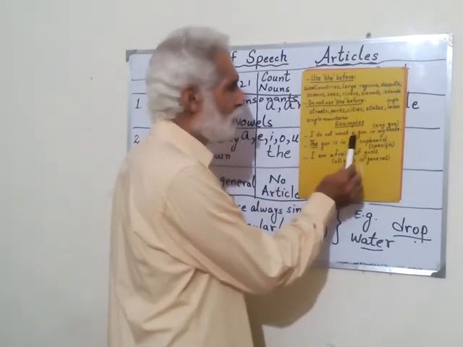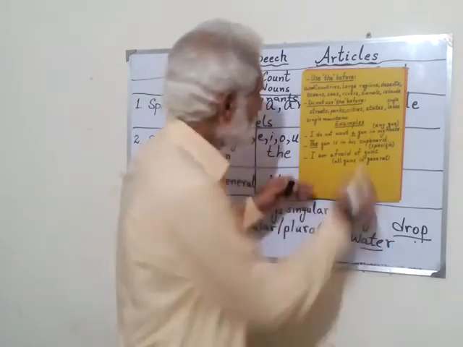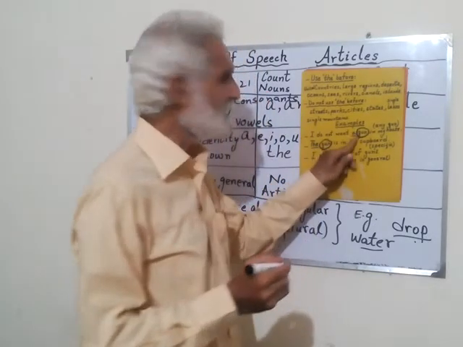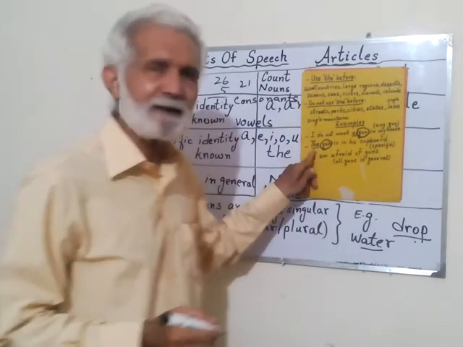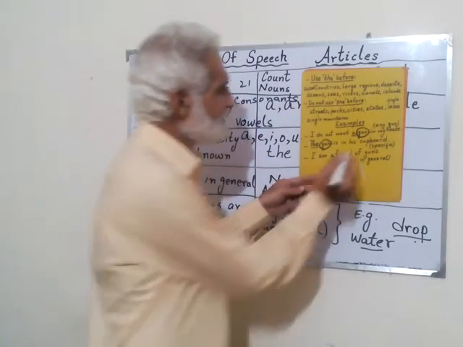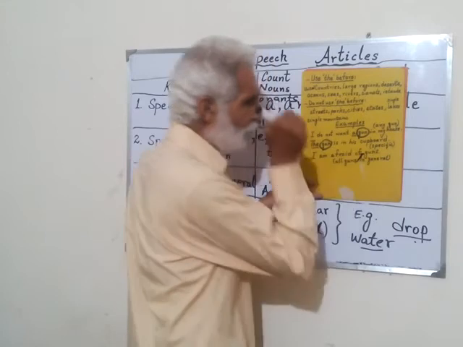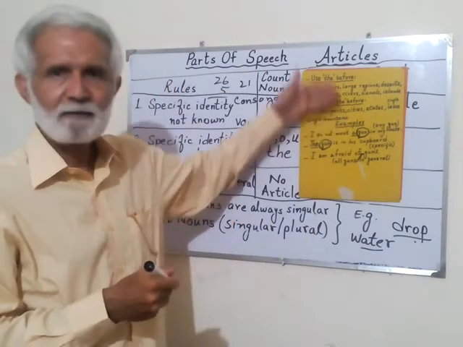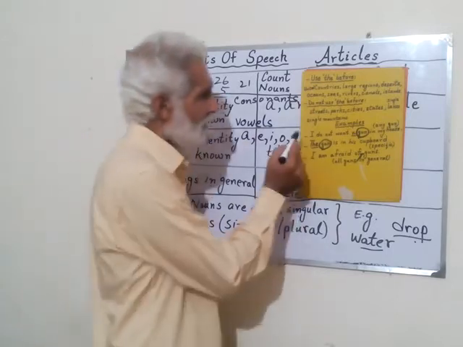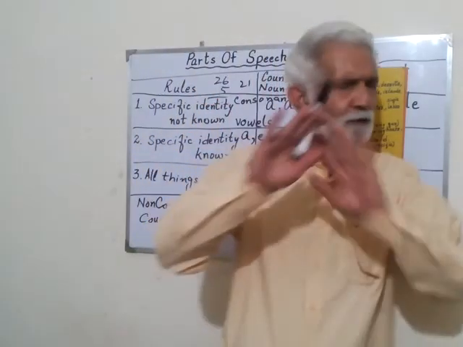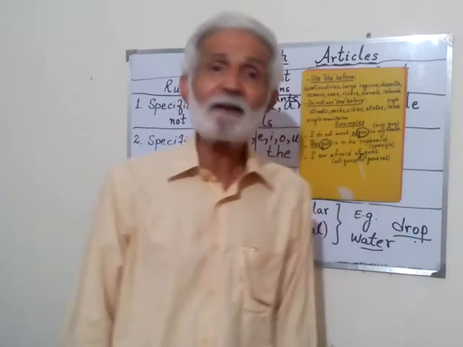For example, I am giving you this: I do not want a gun. Look, gun is a noun, and in one case a is there, in the second case the is there, and in the third case there is no article. I want to make this clear in front of you. Now look, I do not want a gun in my house.